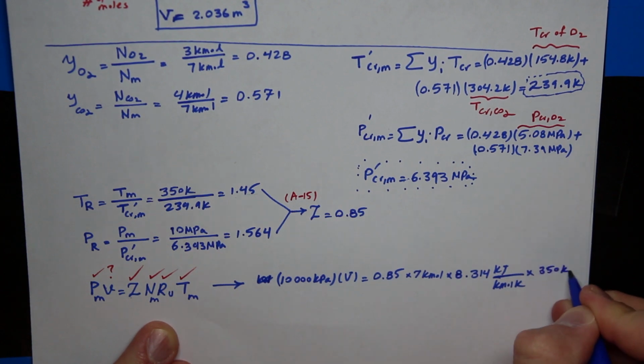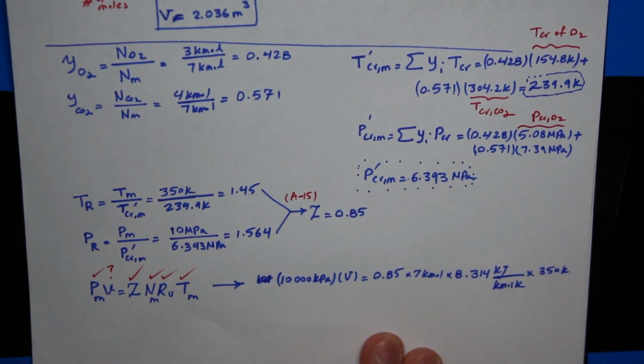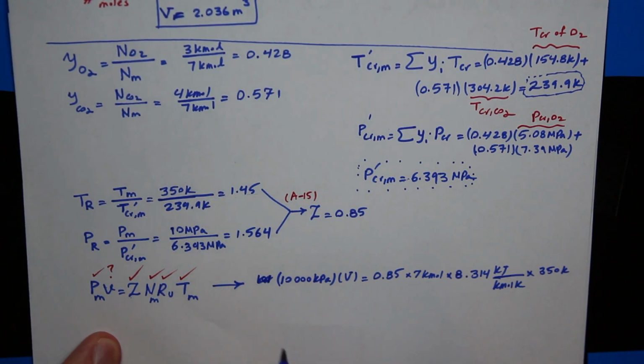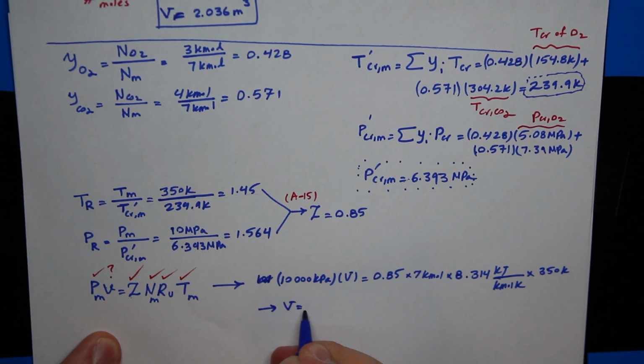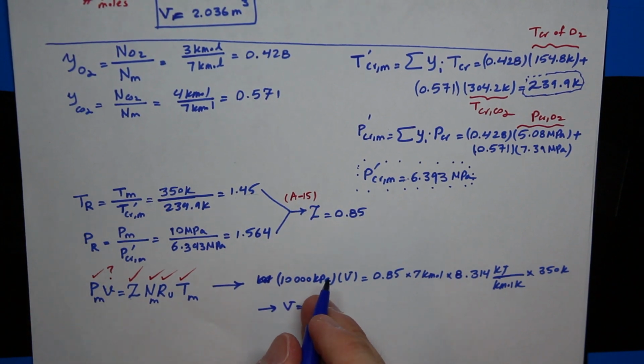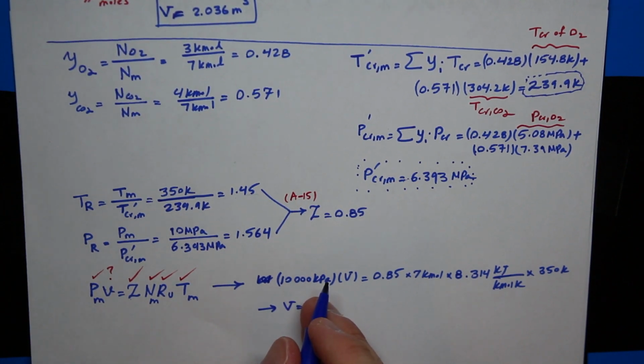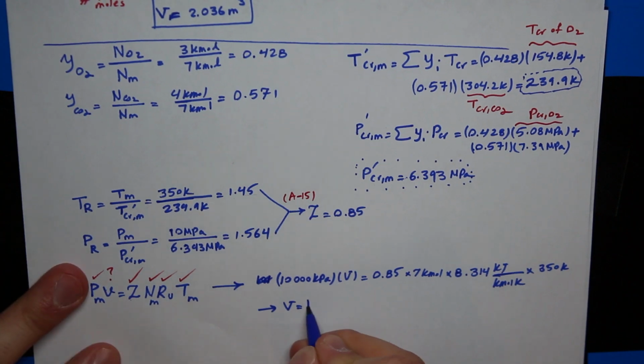Make sure that your unit for temperature is in Kelvin. So by solving this, you will obtain the volume of the mixture, and that is equal to 1.73 meter cube.